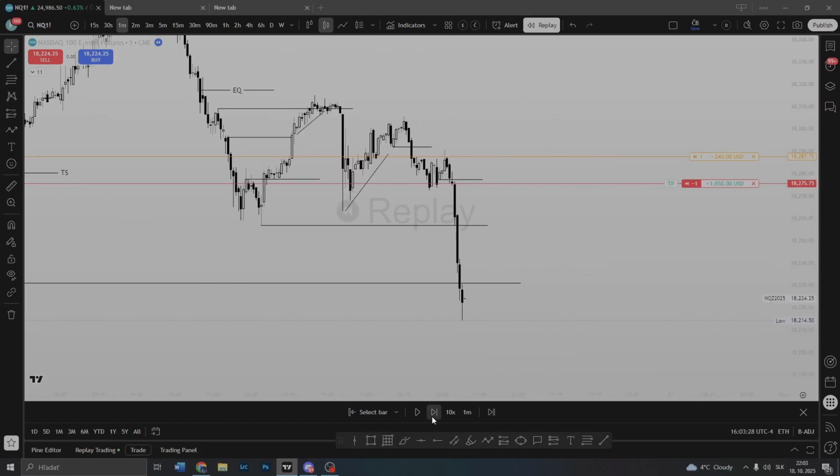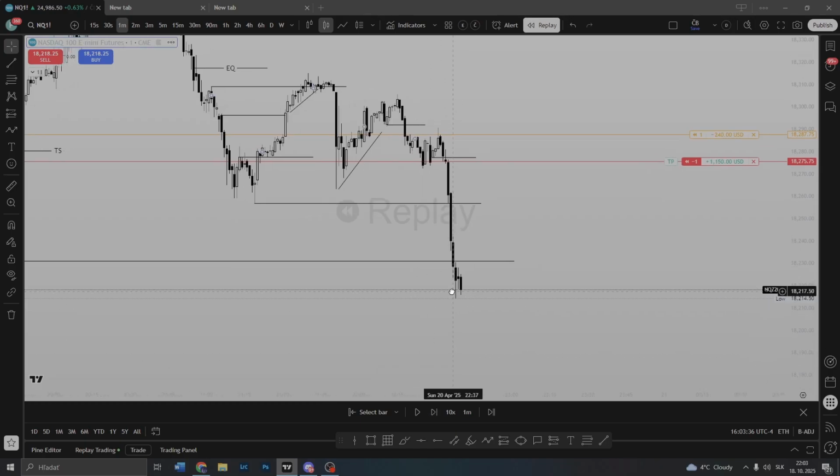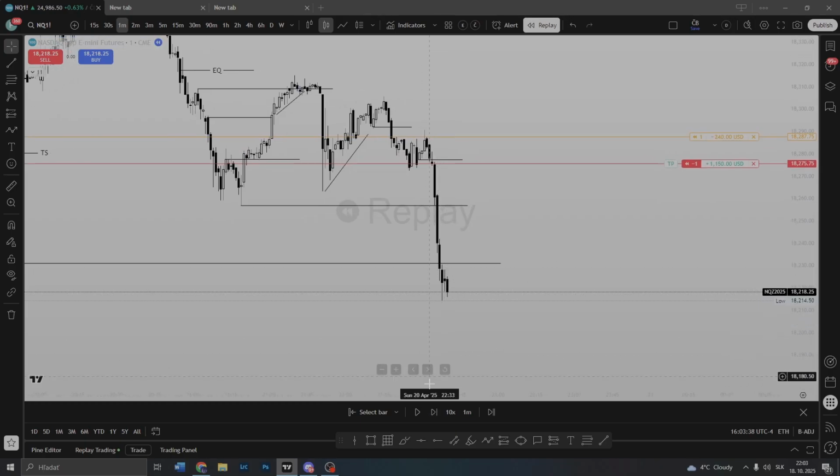Okay, still closing lower and lower. We're kind of slowing down in here. Or it might be a setup for a second leg.